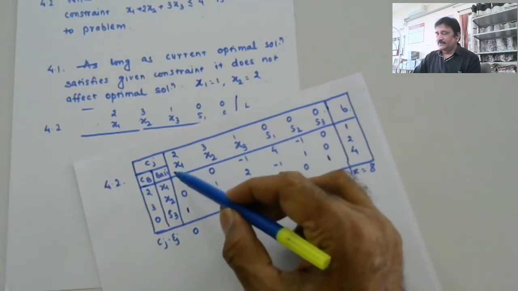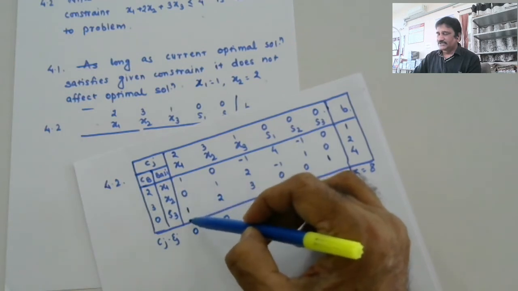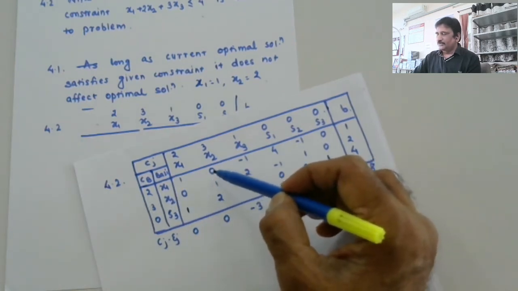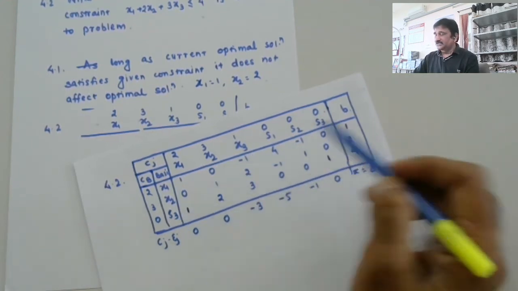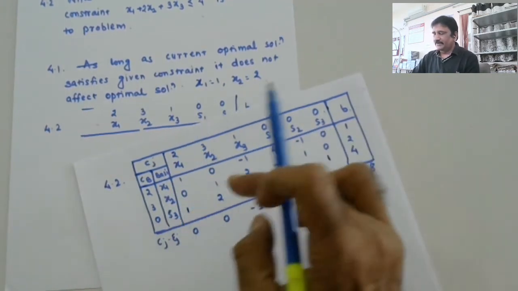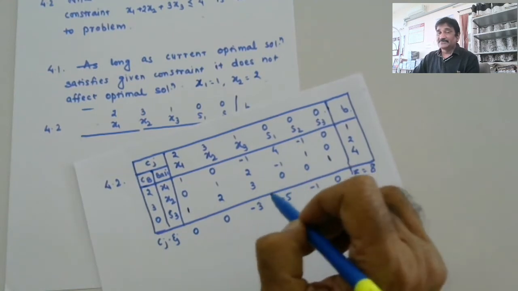X1 was my first basic variable, so its column should have been 1, 0, 0. X2 is my second basic variable, its column should have been 0, 1, 0, and S3 is already satisfying the condition of being a basic variable. X1 and X2 are not satisfying, so I want to make them satisfy.